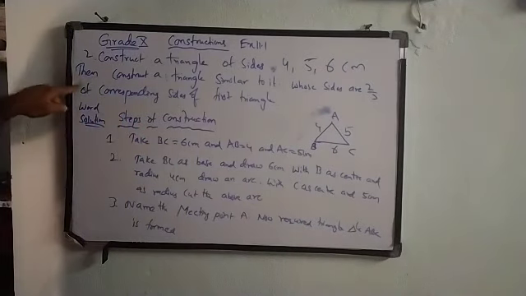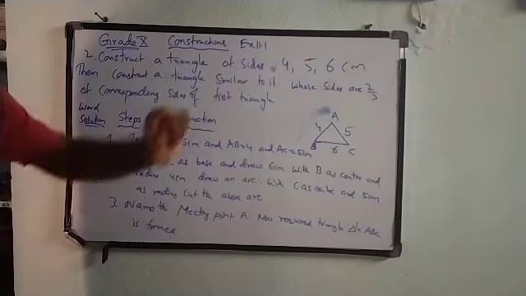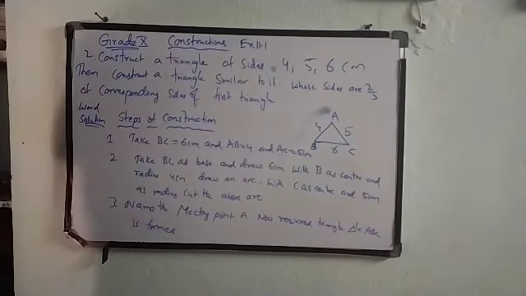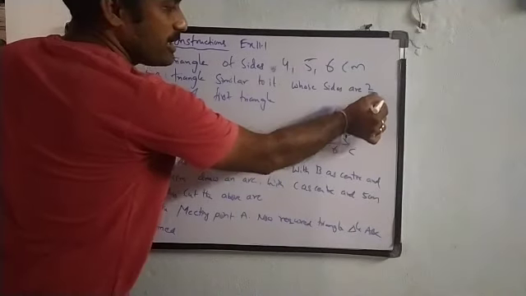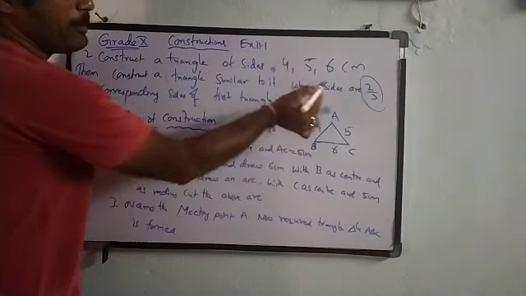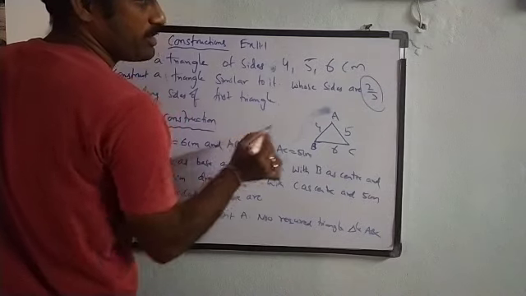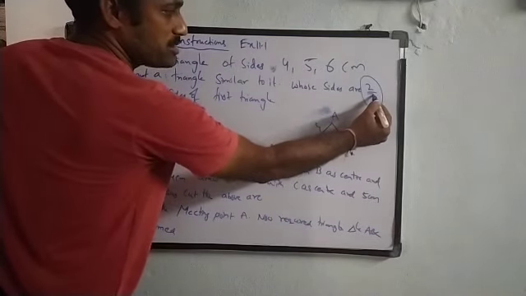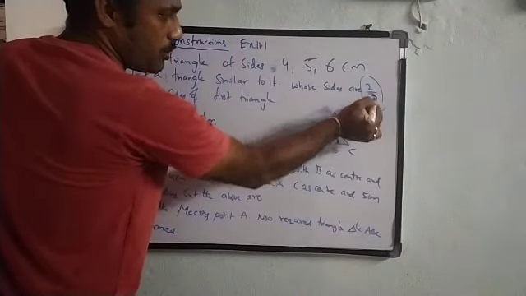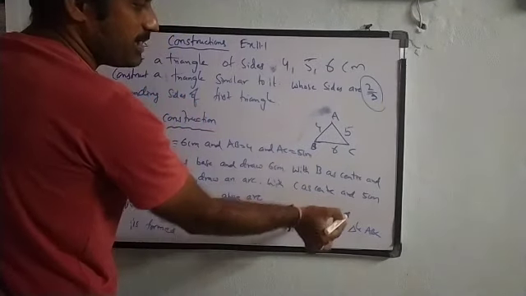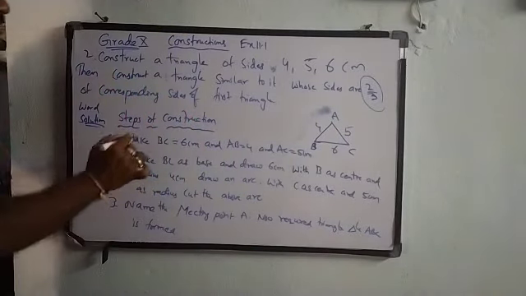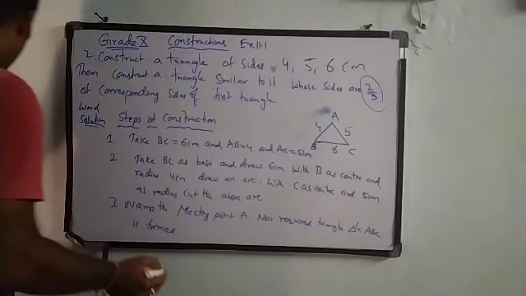Now the question is, construct a triangle similar to it. So we are going to construct the similar triangle whose sides are 2 by 3 of the corresponding sides of the first triangle. Whenever only a ratio is given, whether it may be a proper or improper fraction, here it is a proper fraction. In these two numbers, which is the big number? 3. So we are going to divide the line into 3 equal parts, because the highest number is 3.